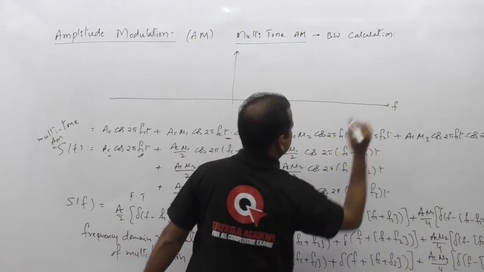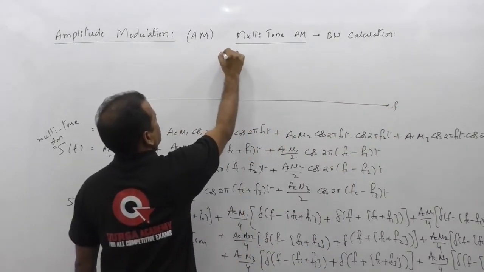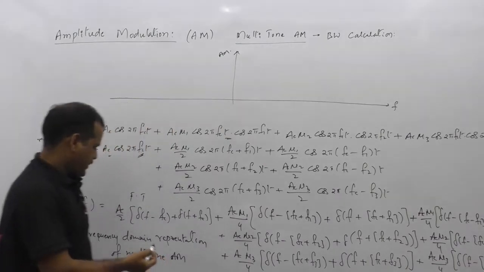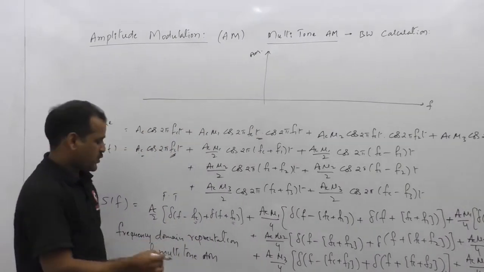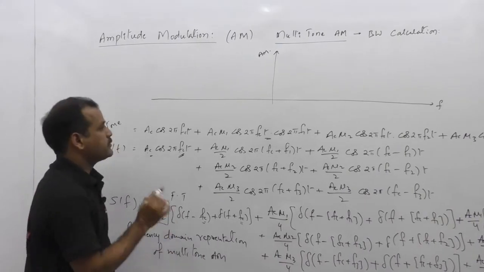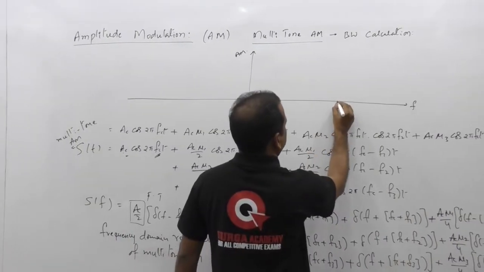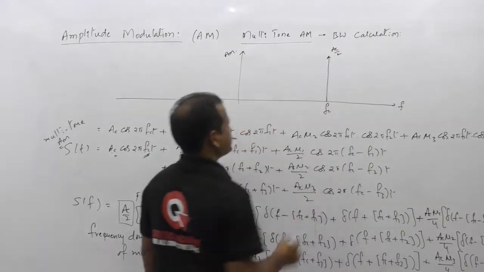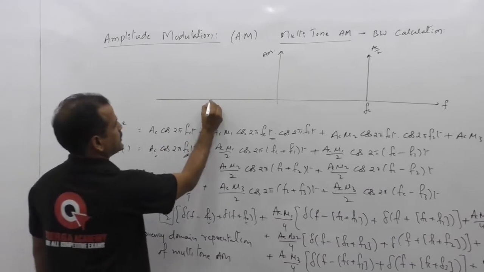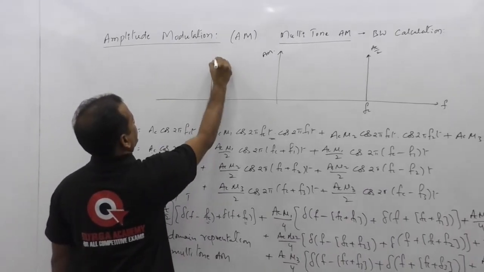Let us take frequency here and the multitone AM. The first delta functions we are having at plus or minus Fc with the corresponding amplitude AC by 2. I will take Fc here with AC by 2 amplitude, the carrier frequency components, both left side and right side.